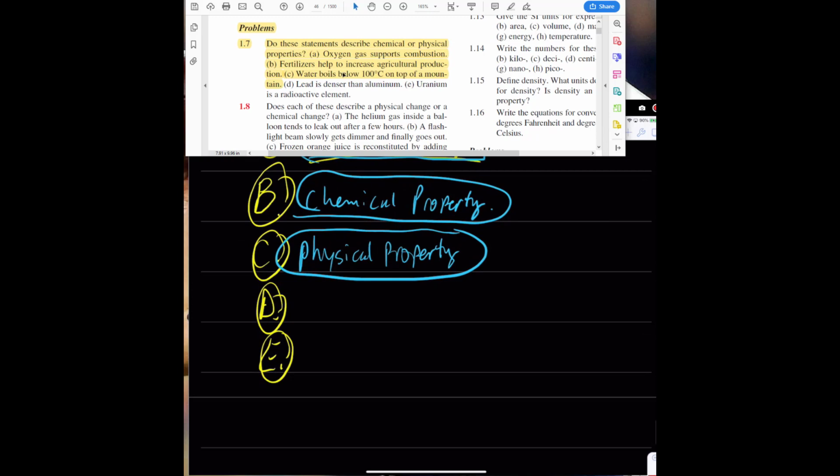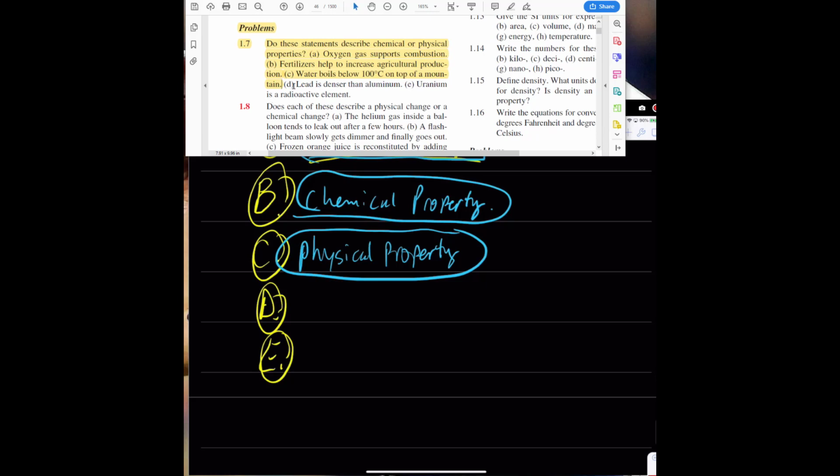Measurement of the boiling point of water does not change its identity or its composition, right? Water boils below 100 degrees Celsius on top of a mountain. Okay, at the bottom of the mountain it still boils. Nothing's changing there except for the boiling point. It's a physical property.